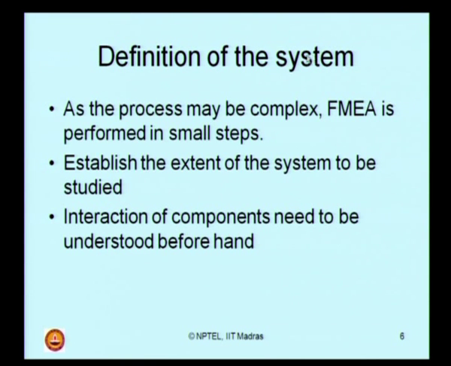So, try to identify different interaction of various components before you start doing an FMEA for an identified system. For example, ladies and gentlemen, if you do not know the mechanical working principle of the system, I am sure you will not be able to identify the interaction between the components present in that system. So, your definition means you have got to understand the working philosophy of the system in total.